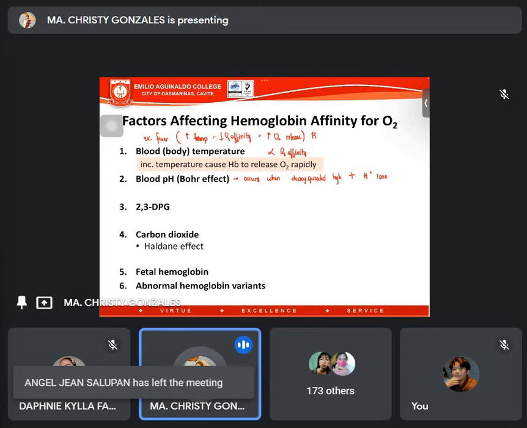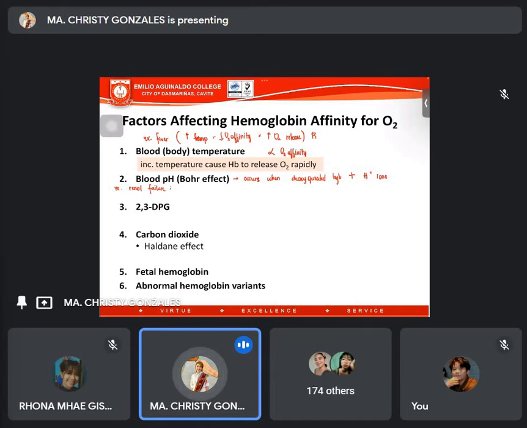Okay, let me give you an example. Let's say renal failure. Okay, what happens in renal failure in your hydrogen ions is that remember, kidney is important for the reuptake of ions.